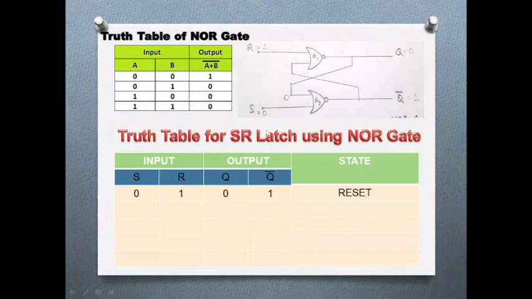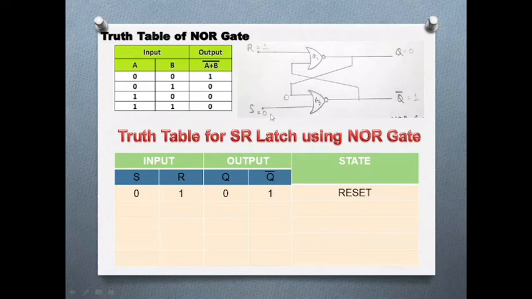Now case 1, when S is equal to 0 and R is equal to 1, from this table it is clear that when one of the inputs of NOR gate is 1, then output is always equal to 0. So as R is equal to 1, output of gate G1, that is Q, will be equal to 0. This output is given as feedback to the input of gate G2.